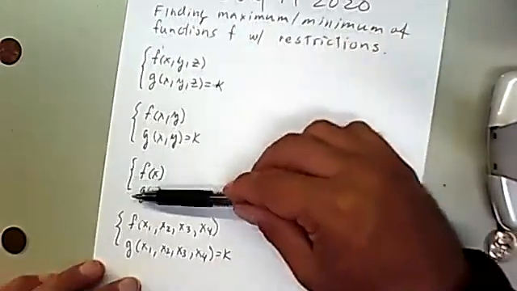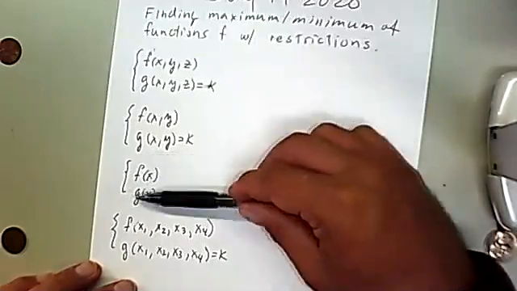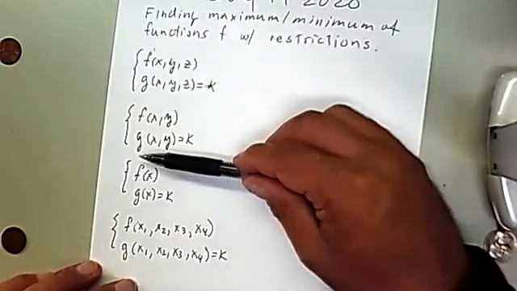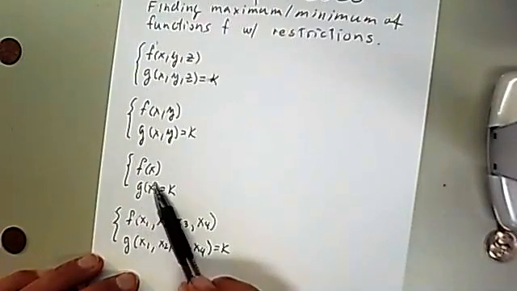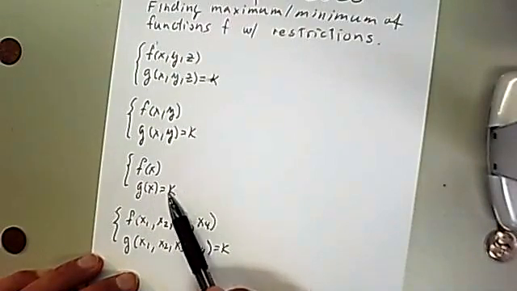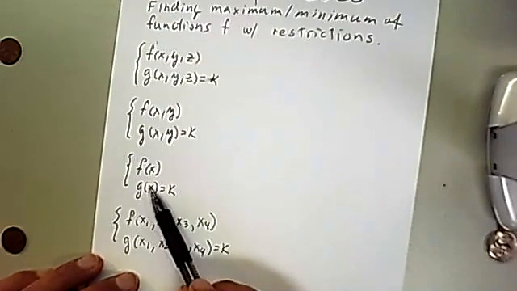Now, this one doesn't really make sense because what this is saying is, once you have an equation of x fixed to a constant, that means that x has possibly only a finite number of inputs.